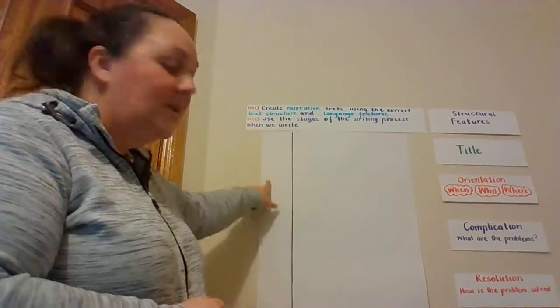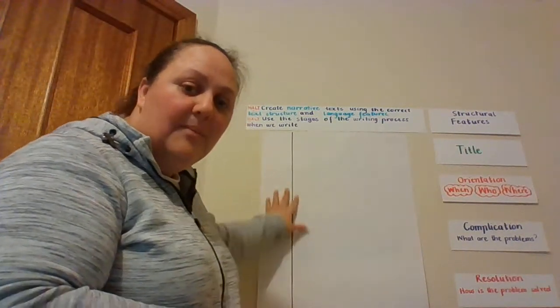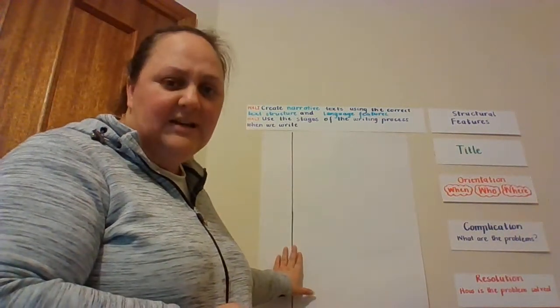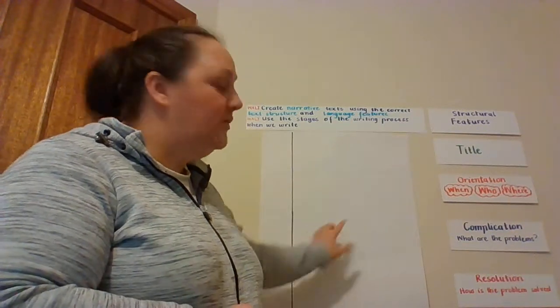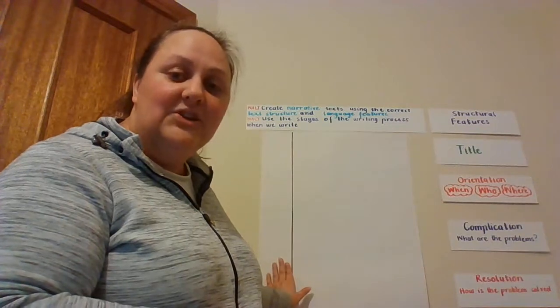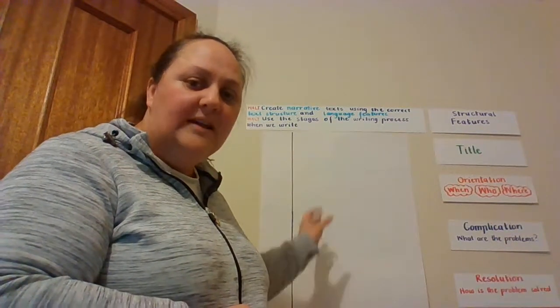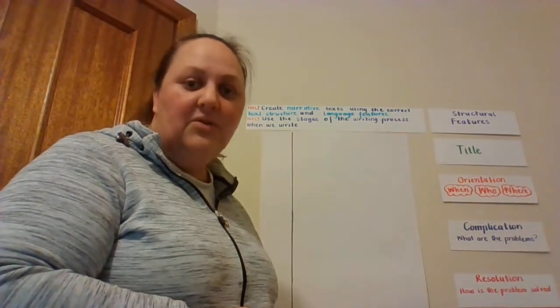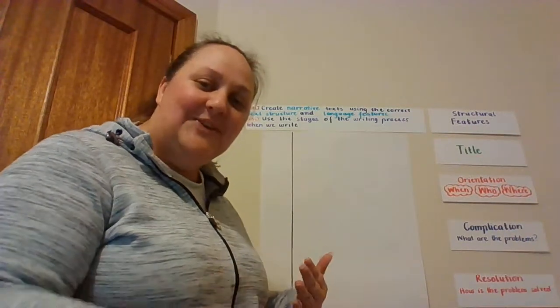So you can see that I have my paper set up with a margin, and that's because I'm going to make sure that I show you how I'm organising my writing. You don't need to do this, and you don't need to write what section you're up to next to your writing either. That's just what I'm doing so that you can see.